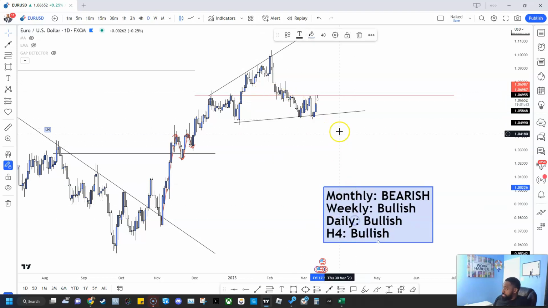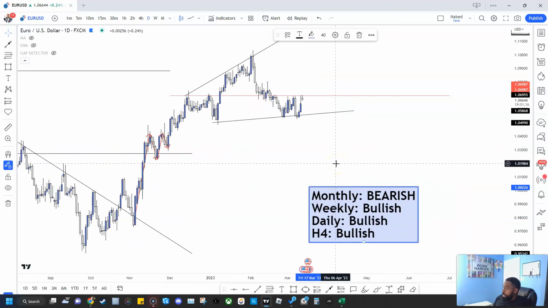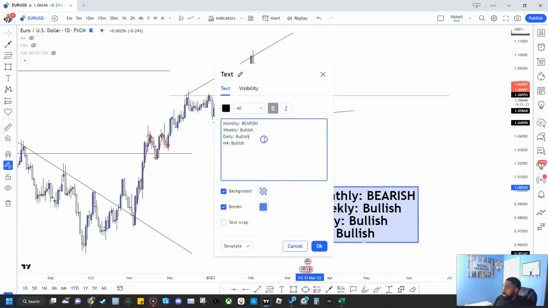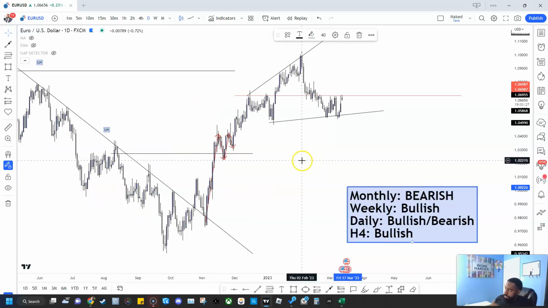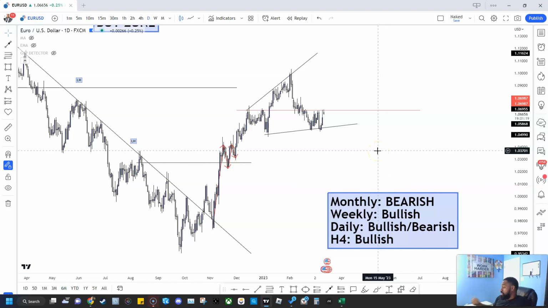And if it is, then this daily will be considered bearish. But for me, I'm open to both sides, so I'll put bearish too. I feel like it's going to get consolidated right here, hit one of these numbers and then possibly shoot up. But we trade what we see, not what we think, right?